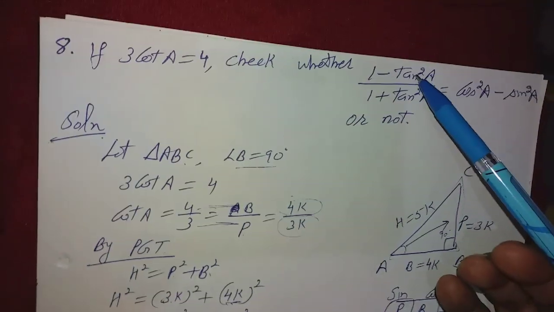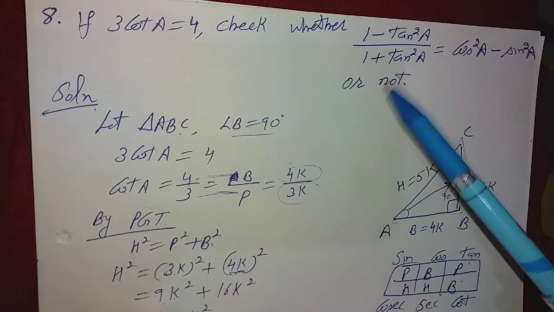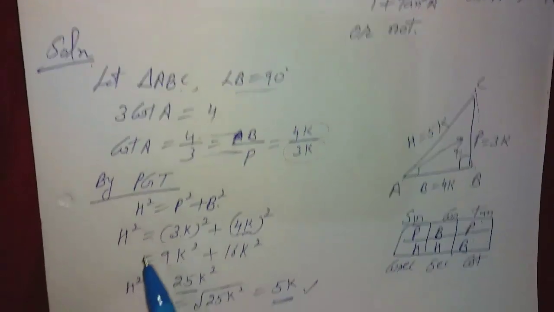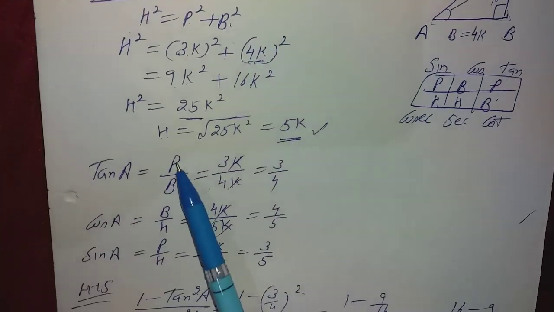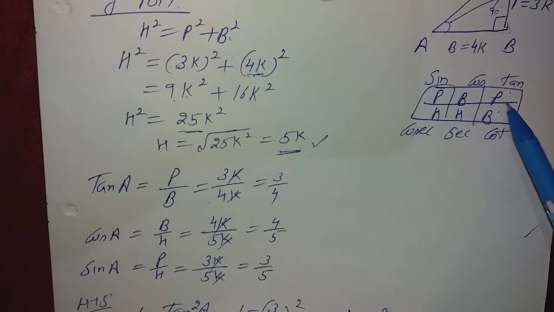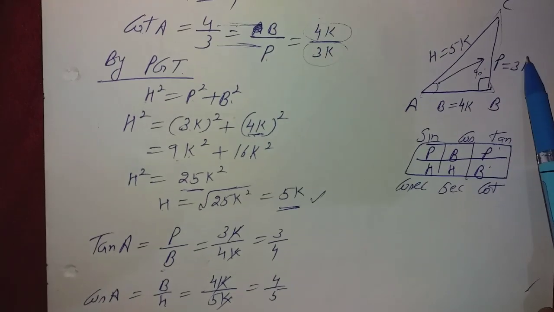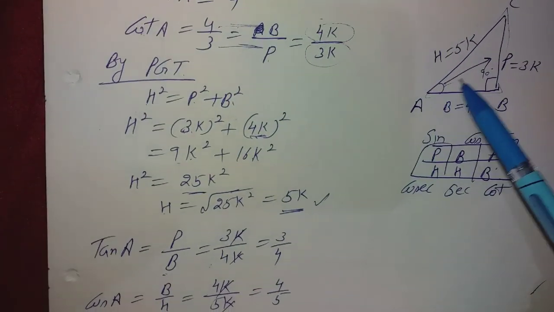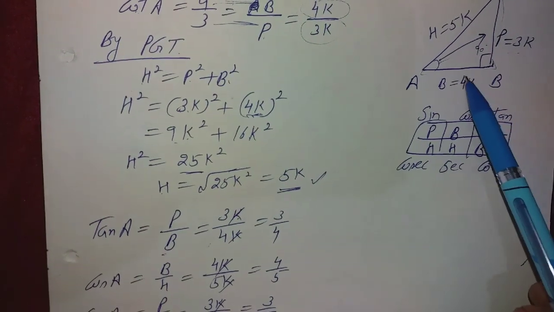Now here are tan, cos and sine. Firstly you will find tan, cos and sine. So tan A, tan is p by b. From this p by b, the value of p is 3k because the angle is here A, so opposite to angle A is perpendicular, 3k, and base is 4k.